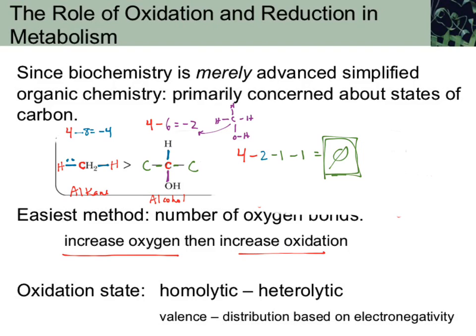Method number 2, I give you a structure, point to an atom and say, tell me the oxidation number. We have to do what's on this slide: the homolytic versus heterolytic, or valence minus the distribution based on electronegativity. Okay? So those are both calculations.